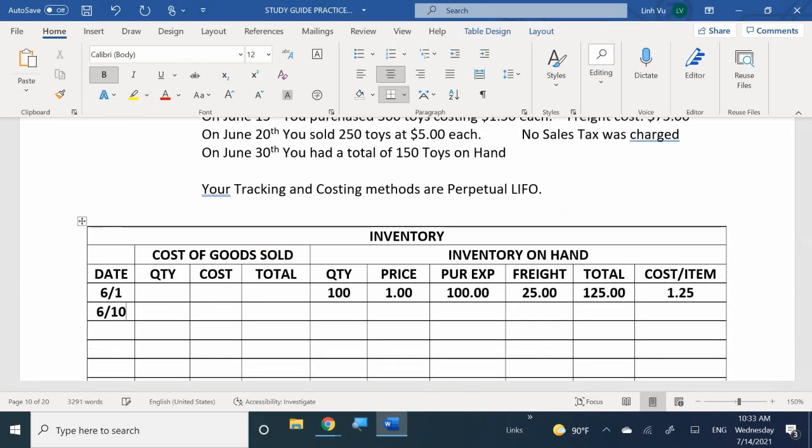So what's my purchase price here? $250 plus 50 gives you 300, which makes this batch how much per item? $1.50. Good.